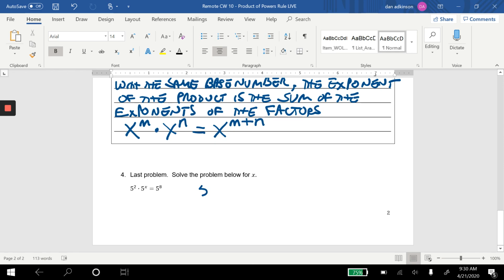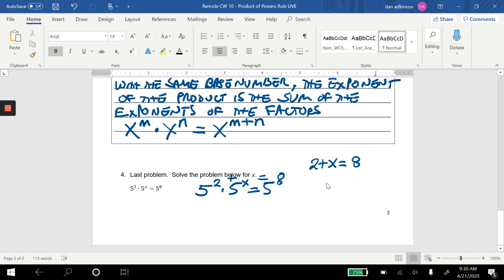We can say, okay, 5 to the second times 5 to the x equals 5 to the eighth power. Well, we know with this rule, all we have to focus on is the exponents. And we know that when they're added together, they're going to equal this. So we can just change this into 2 plus x equals 8.